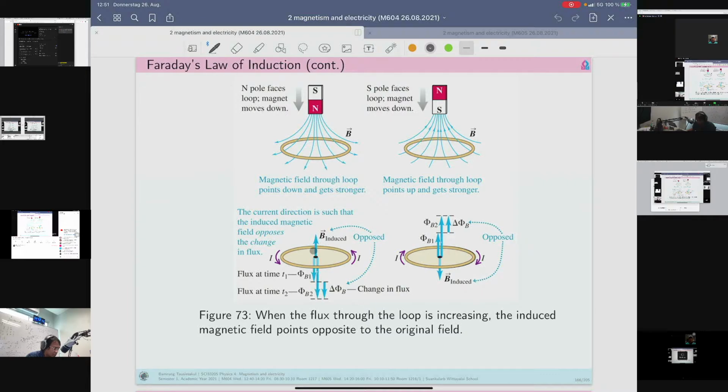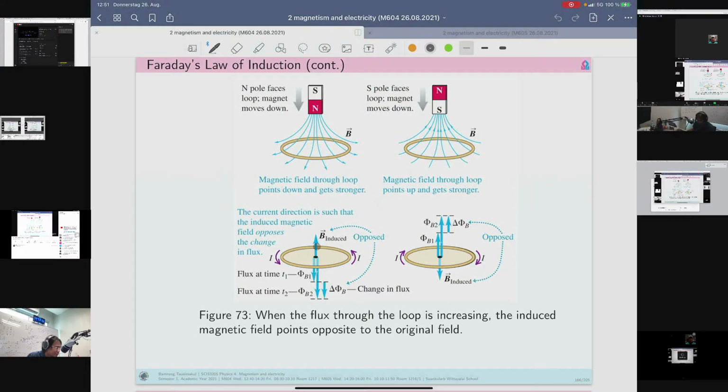The direction here should follow the right hand rule. You leave the thumb pointing in the same direction as the B induced, and your remaining four fingers will represent the direction of the current rotating in this circular loop.